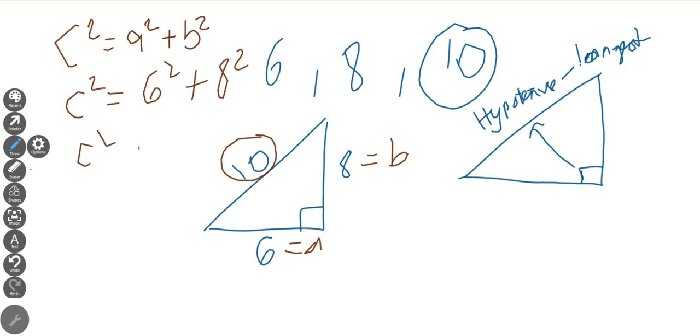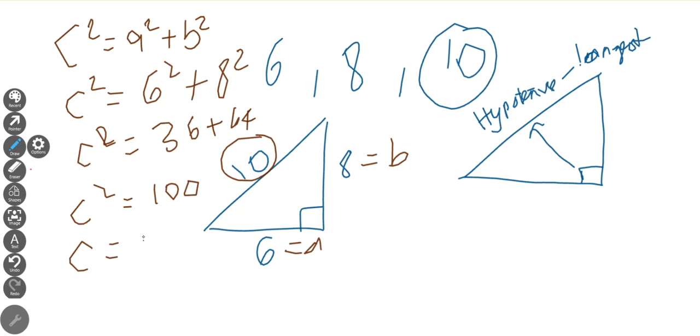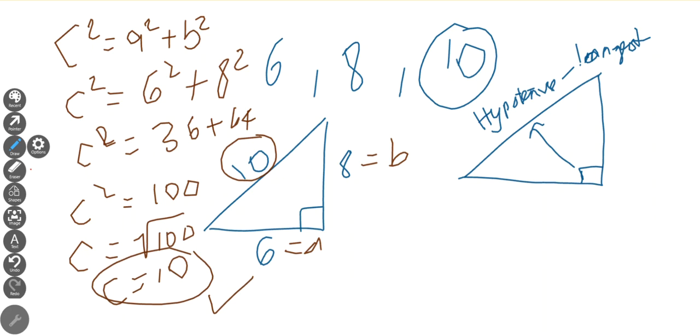So c squared is equal to 36 plus 64. c squared is equal to 100. And now let's square root it. So c is equal to the square root of 100. c equals 10. We can see we got our 10, which means that this is a right angle triangle.